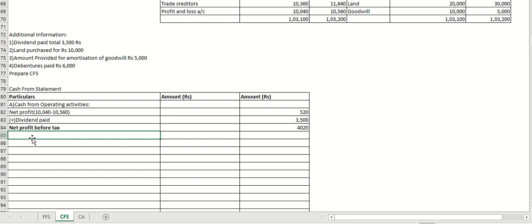Now what we will do is add the adjustments for non-cash and non-operating items. Under that we will add all our non-cash and non-operating expenses.